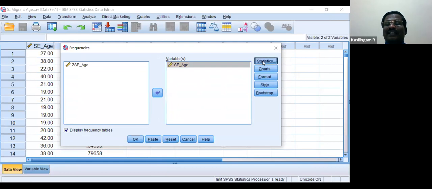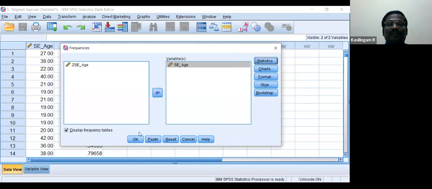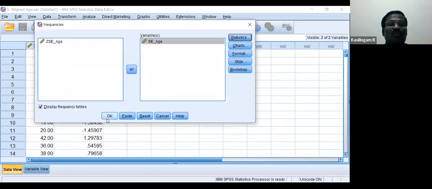Under statistics, let us put percentiles. Minimum and maximum you have already seen, that is not required.